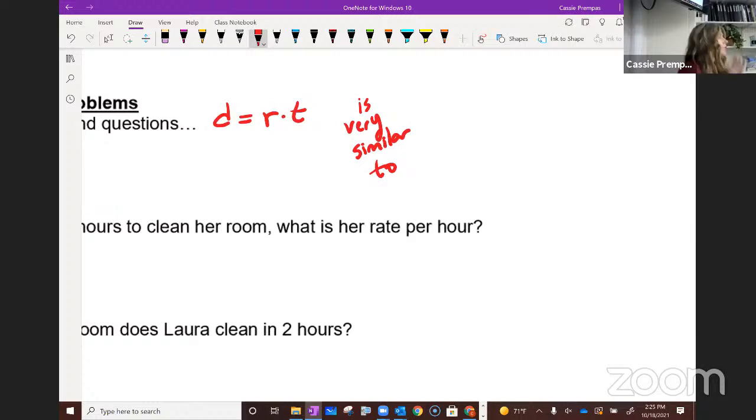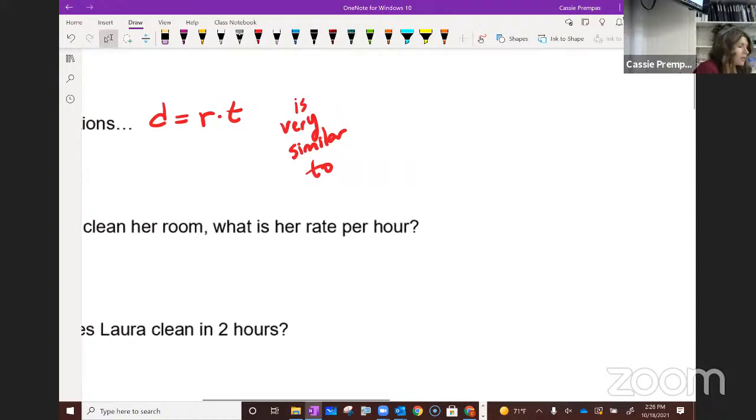For example, if you are a fast worker, you can complete your job in less time. If you're a slow worker, it's going to take you longer to complete your job. The way to determine it is to look at what your rate is, like how fast of a worker you are. So D equals R times T is very similar to the amount of job you can do is equal to your rate of completion multiplied by your time worked.